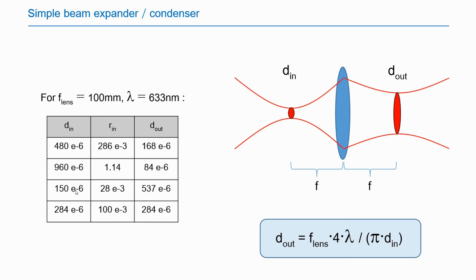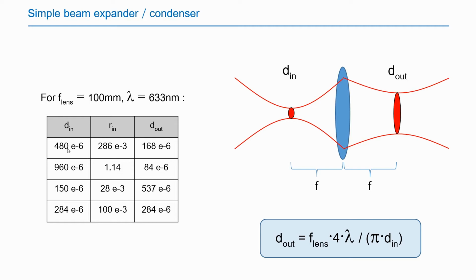And we'll talk more about this later. But for now, just think of it as a beam with 150 micron waist diameter, and that has a Rayleigh range which is smaller than the focal length of the lens. It's only about 28 millimeters. And so following this formula here, we would expect that it would be larger than the input beam. It's about just over 500 microns.